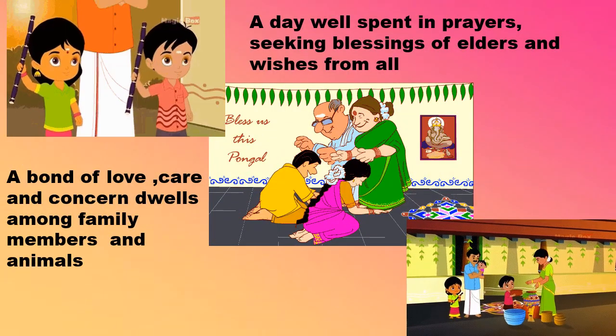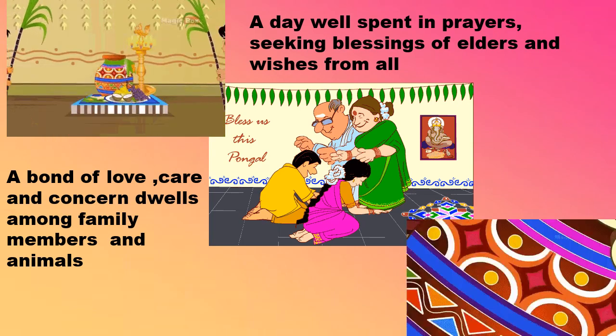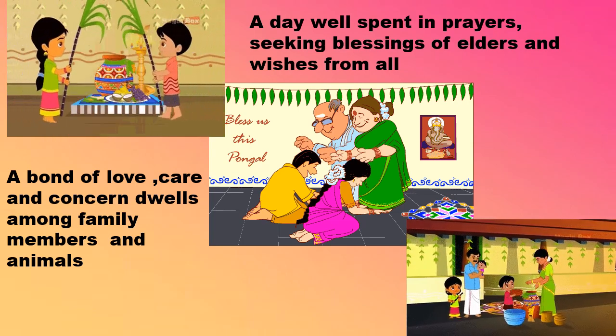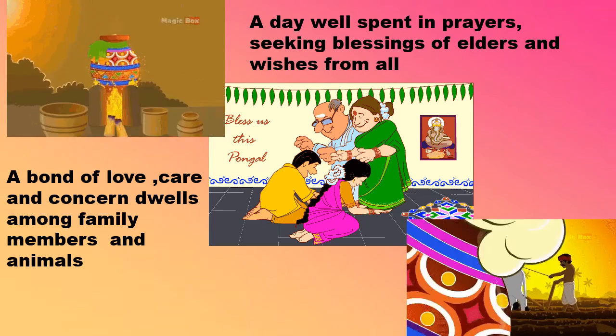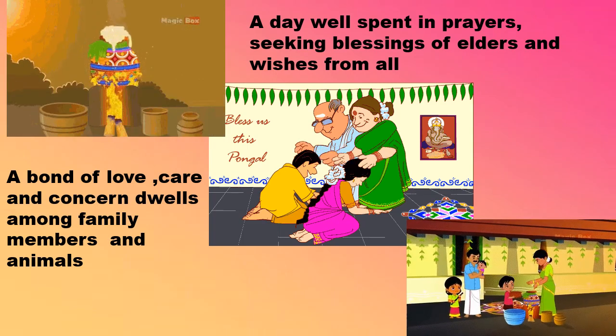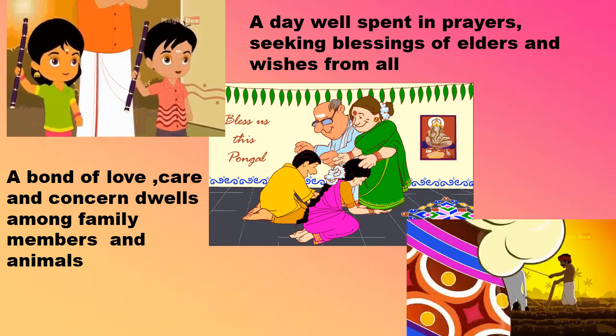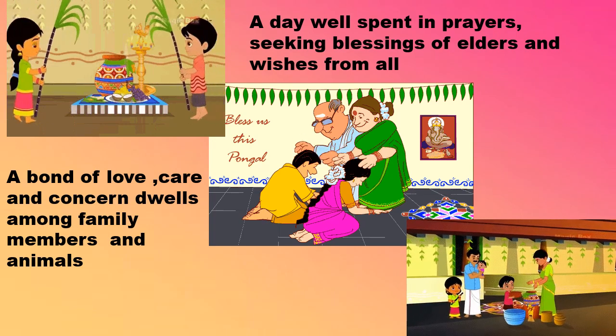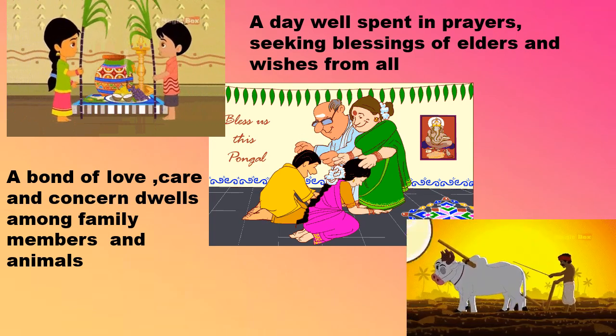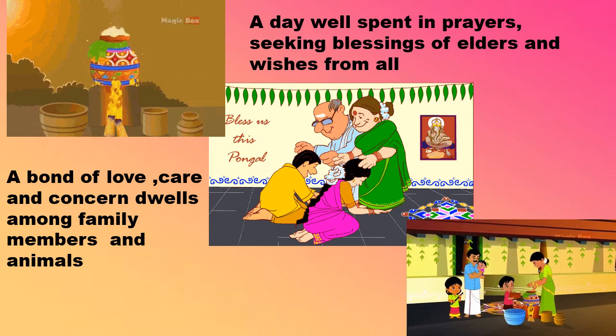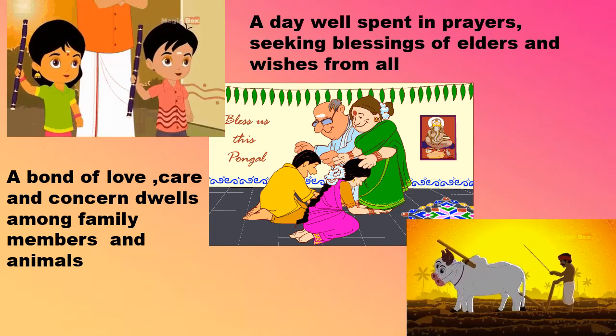Children, a special sweet dish named Pongal is made of rice and jaggery. You can see it there being cooked in the earthen pot. And that's how this festival gets its name, Pongal.